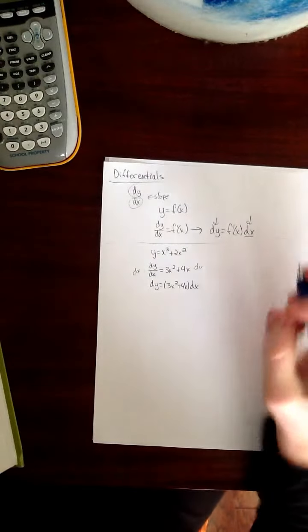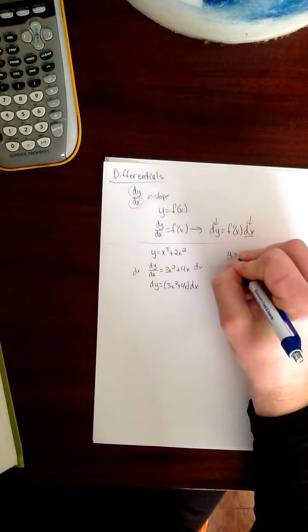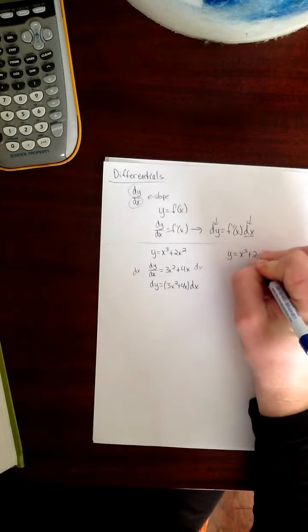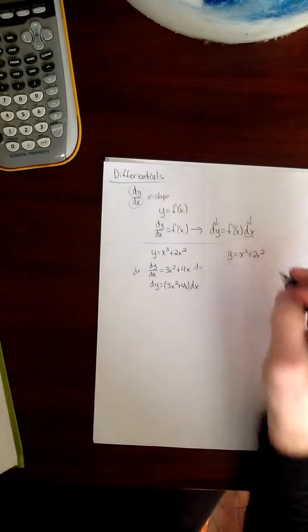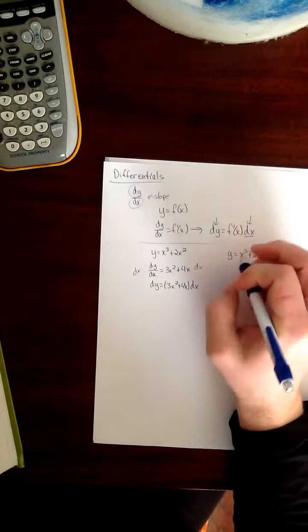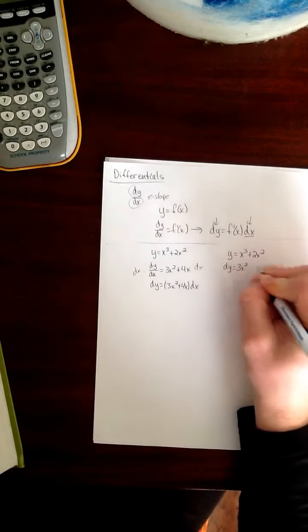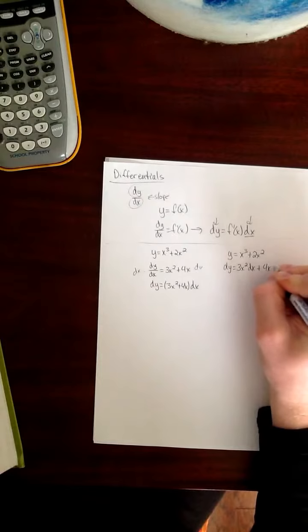Or, which I think you'll find easier on these, if we have that same function, we basically just go through and take the derivative of each piece. So like y would be dy, x to the third would be 3x squared dx plus, and then 2x squared would be 4x dx.